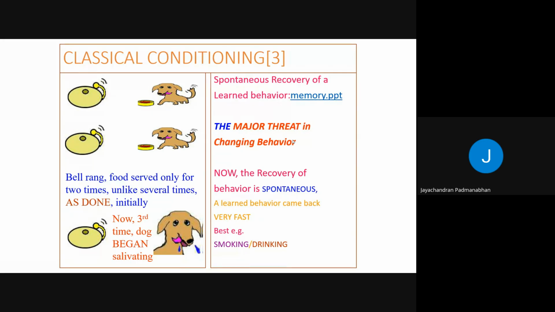Some naughty children would also bring the mobile to class and spoil the whole class. They may see many pictures. So what will happen to the behavior? We will study this in detail in another portion in Erikson's theory, but you should understand the importance of nurturing with good behavior, because bad behavior comes back very fast. Spontaneous recovery of a learned behavior.